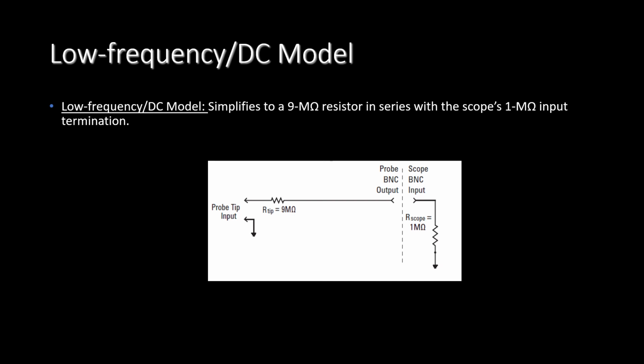Using Ohm's law, you can see that the voltage level of the signal at the scope input BNC will then be 1/10 the voltage level at the probe tip. Most of today's scopes have a probe attenuation factor that will automatically compensate voltage measurements so that they will be reported relative to the probe tip.